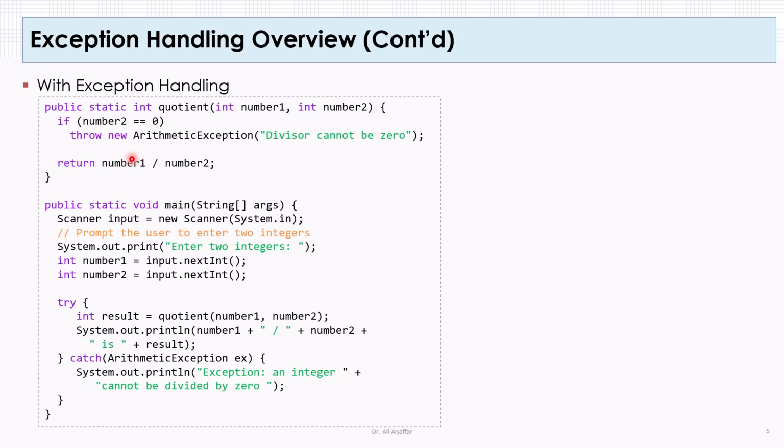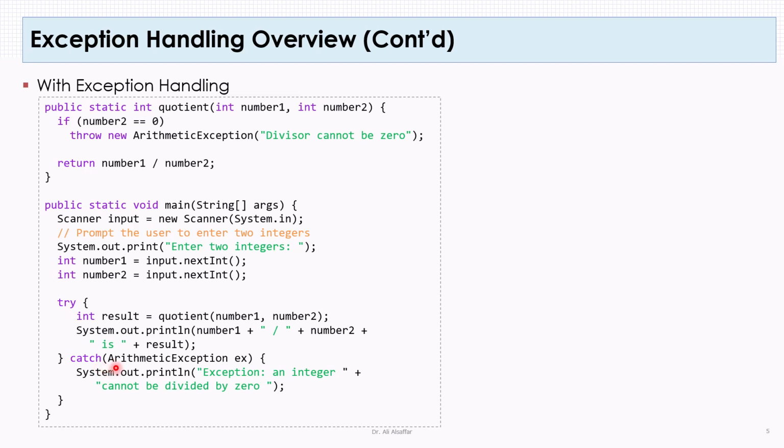After creating the arithmetic exception object and throwing it from the quotient method, we have to catch this exception inside the main method using the catch statement. In the catch statement, we have to define the object using the same class that was used for creating the object. Since we created the object for the exception from the arithmetic exception class, we have to receive the object in the catch statement using the same class.